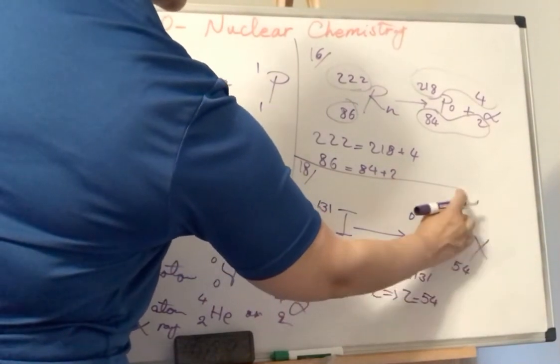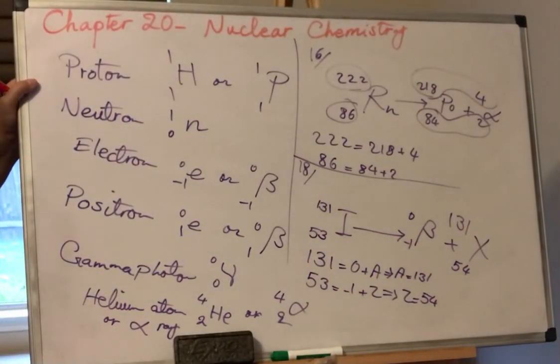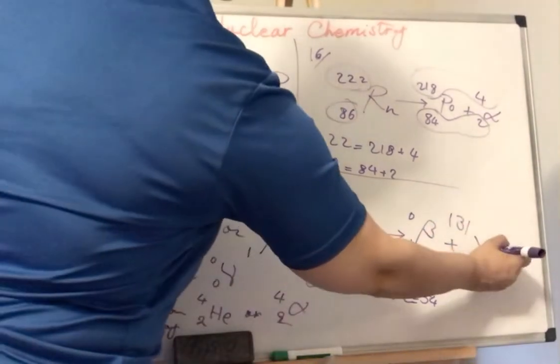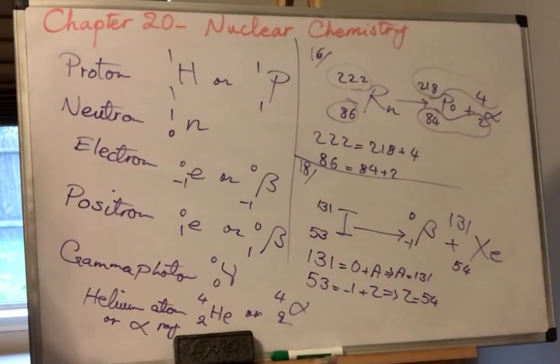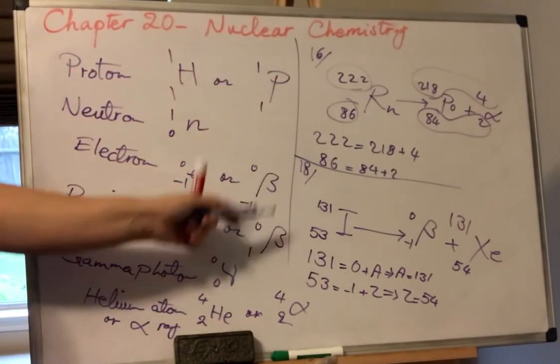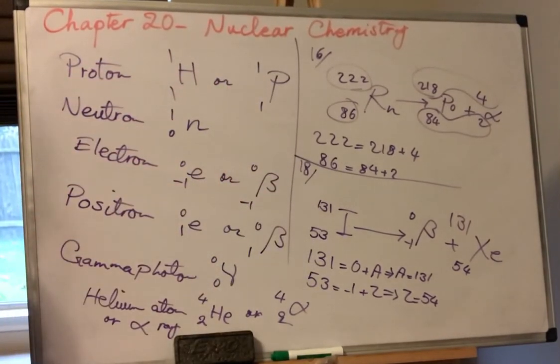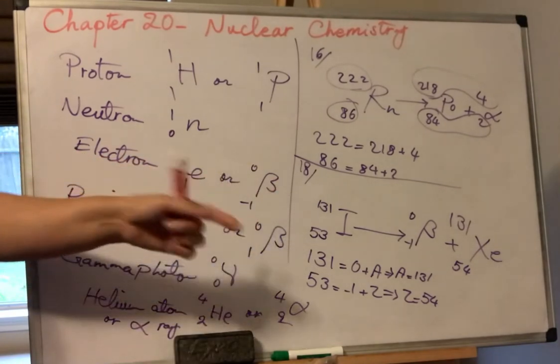And you know that we locate the elements in periodic table by their atomic numbers. Which element is element number 54? It's xenon. The noble gas xenon, if you check with the periodic table. That's how you find the missing elements or missing particles in the nuclear equations.